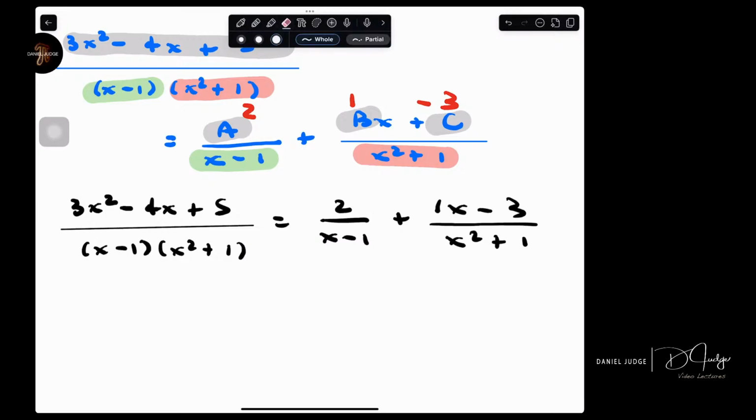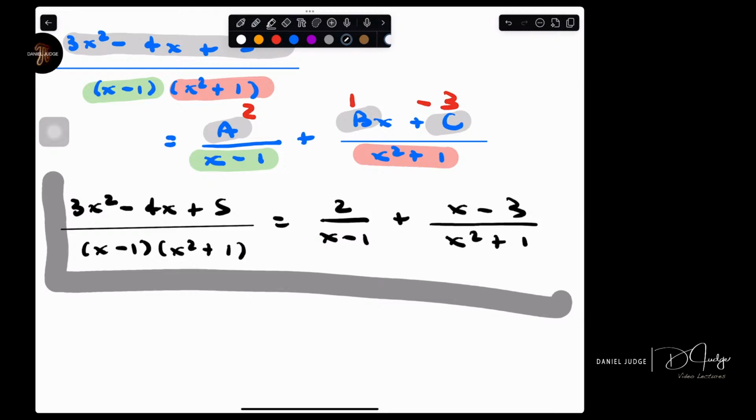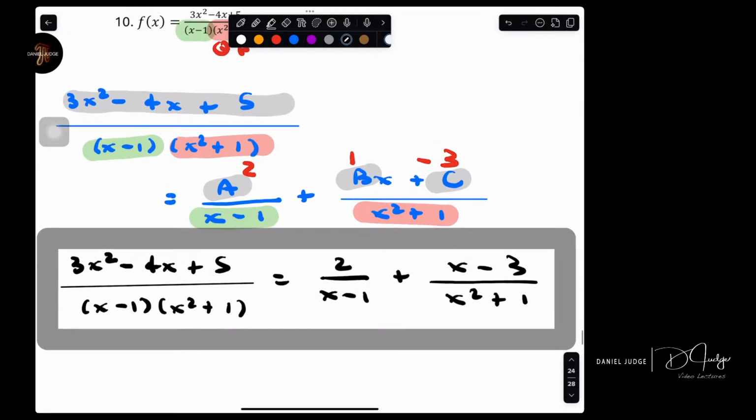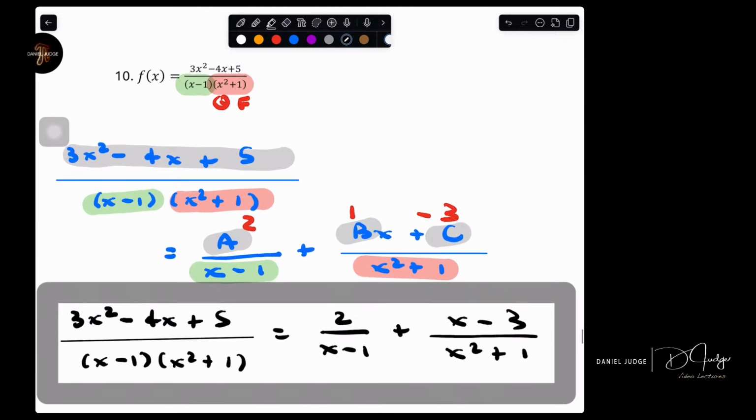And that 1x is just an x. Okay. This is how we handle quadratic factors.